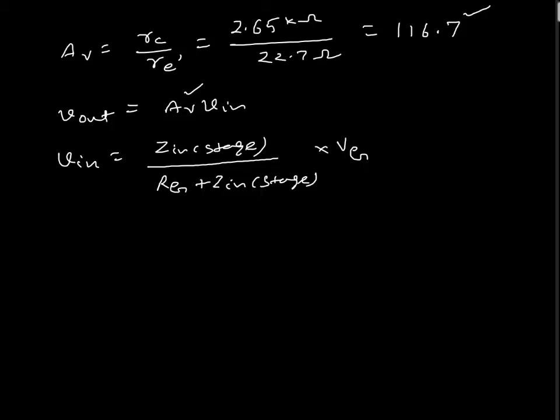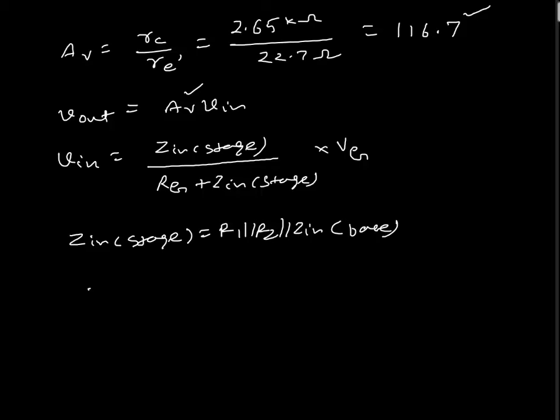Now we need to find out the value of Zin stage. So Zin stage will be R1 parallel to R2 parallel to Zin base. It means now we need to find the value of Zin base.